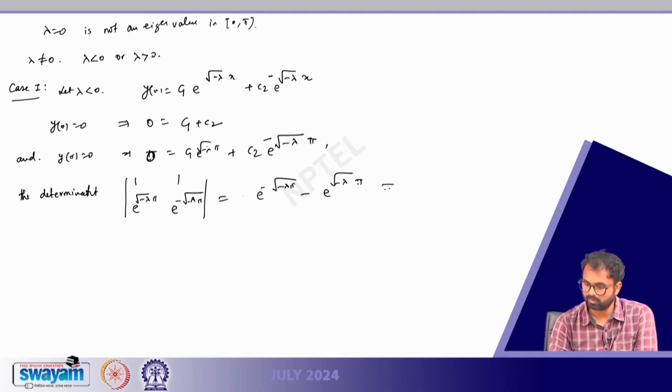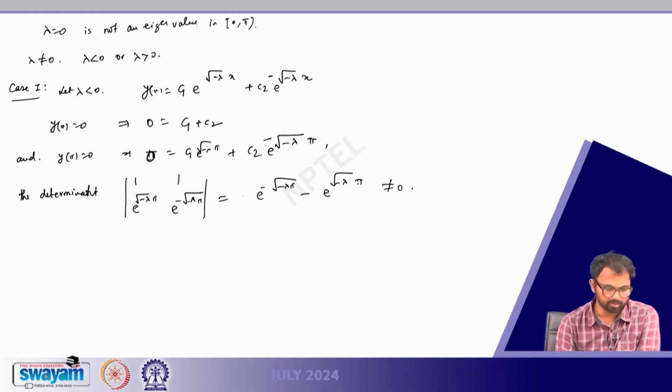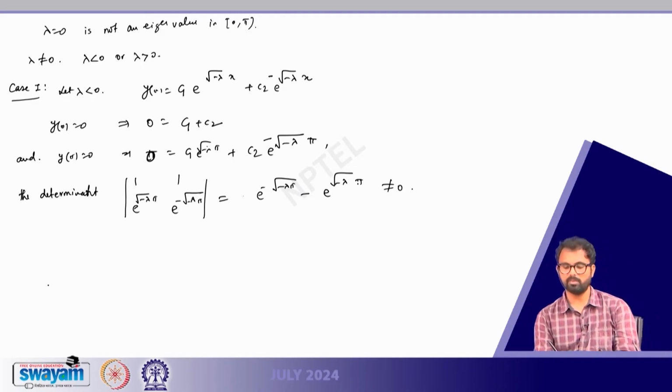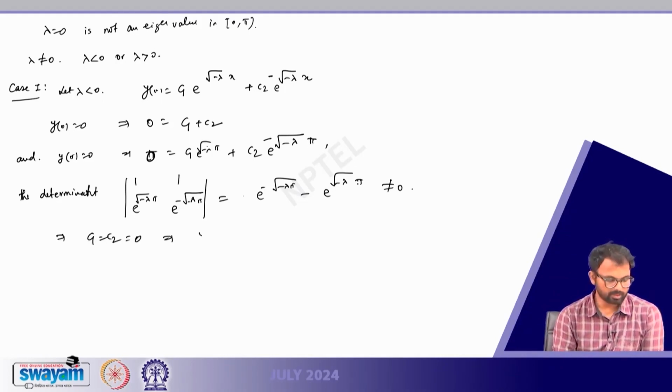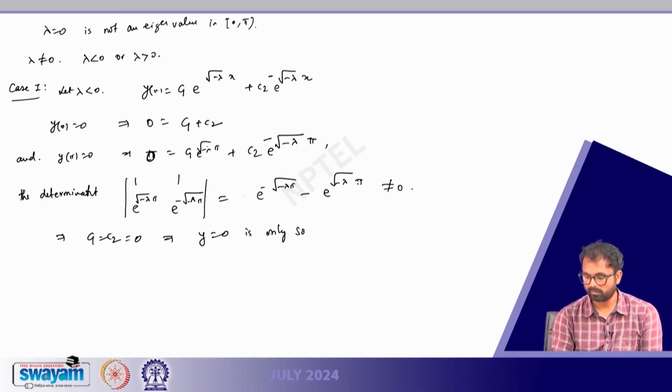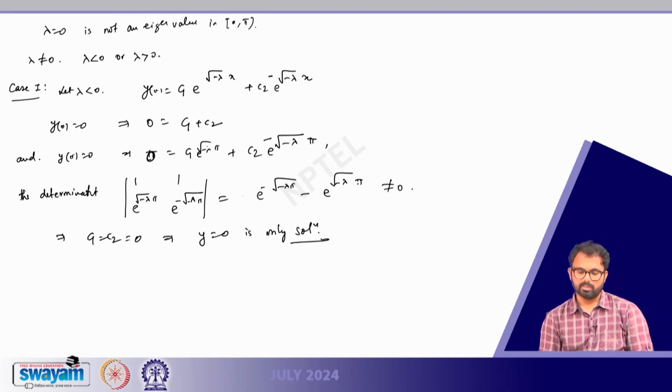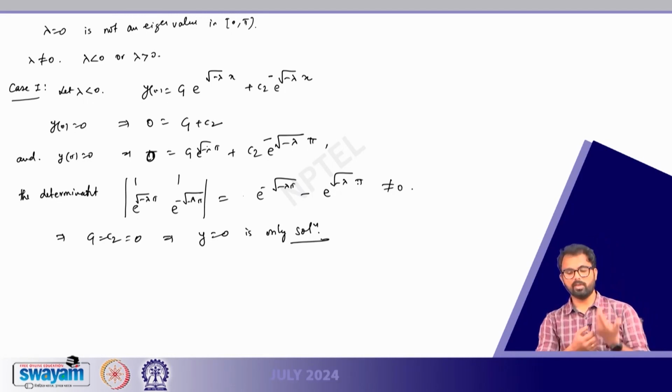That means, if the determinant is non-zero, then C1 and C2 must be 0, and this implies that y equals 0 is the only solution, right.